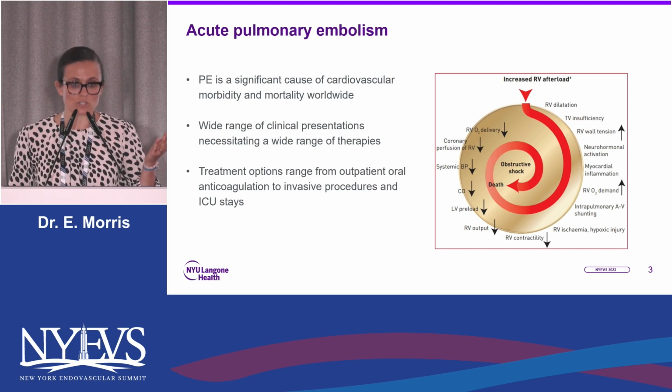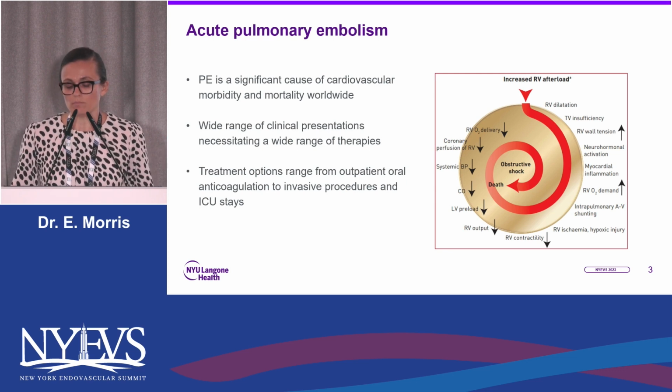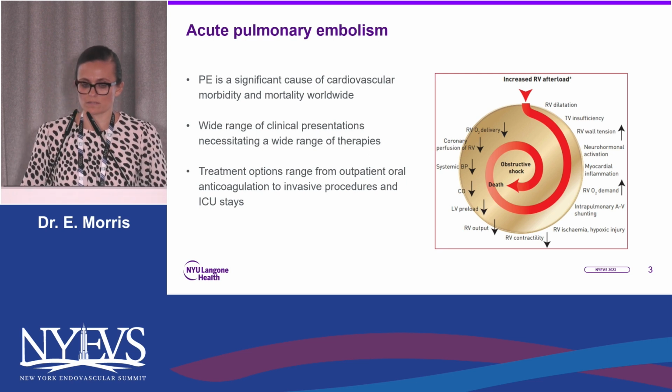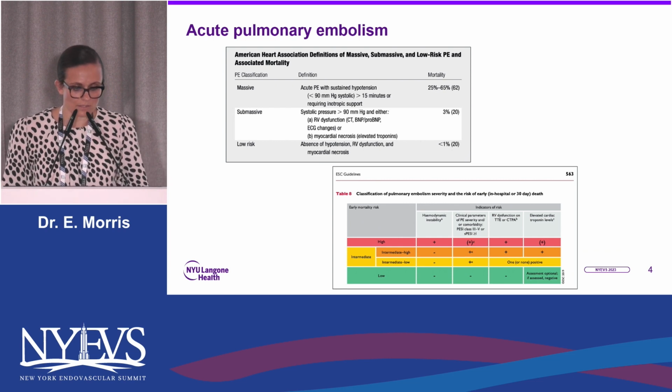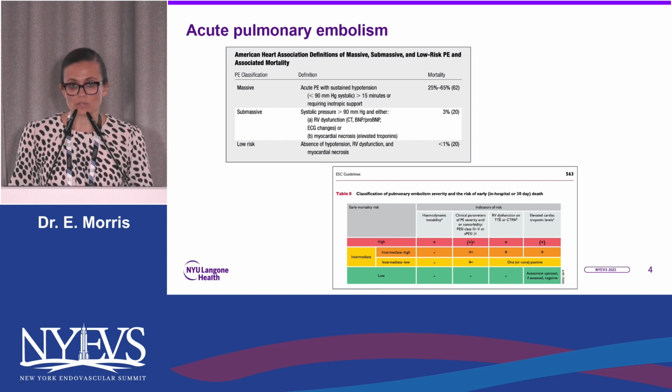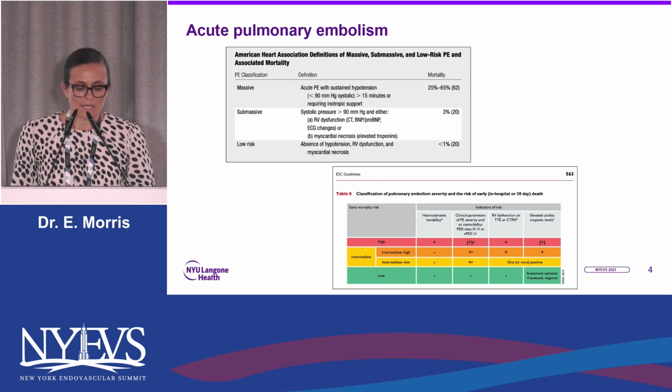And so often patients can be treated with an oral medication as an outpatient, but in the more severe cases, these patients are staying in the ICU and undergoing invasive procedures and surgeries. So the categorization systems that we use to classify PE, these are the two ones that we use typically.